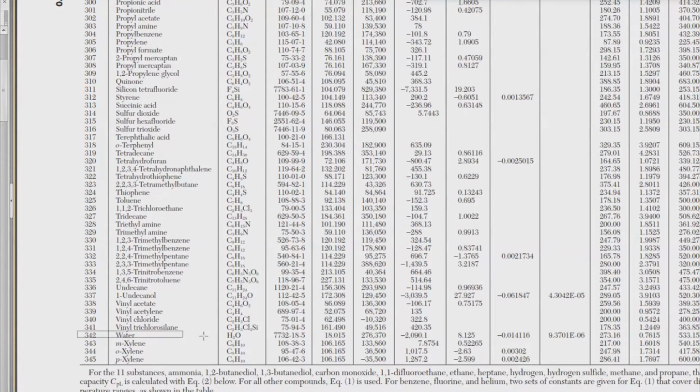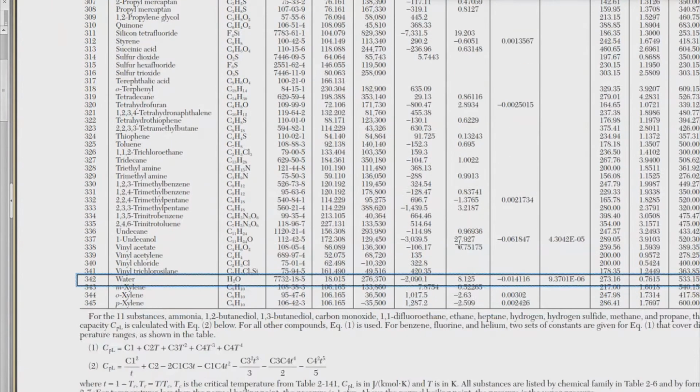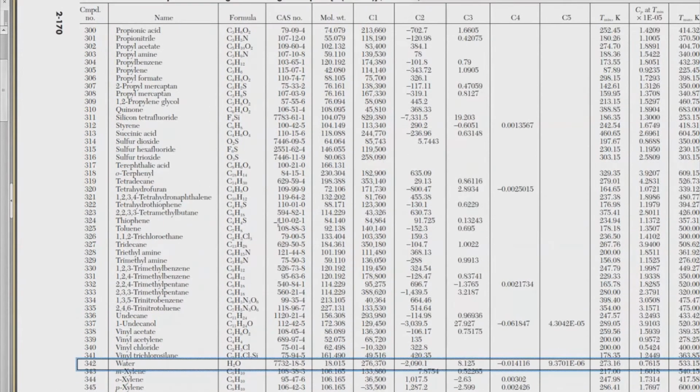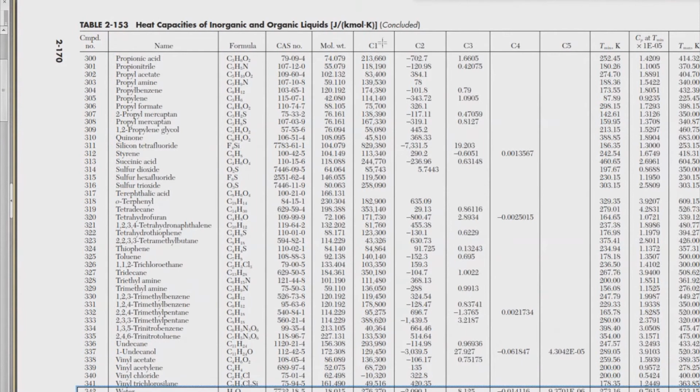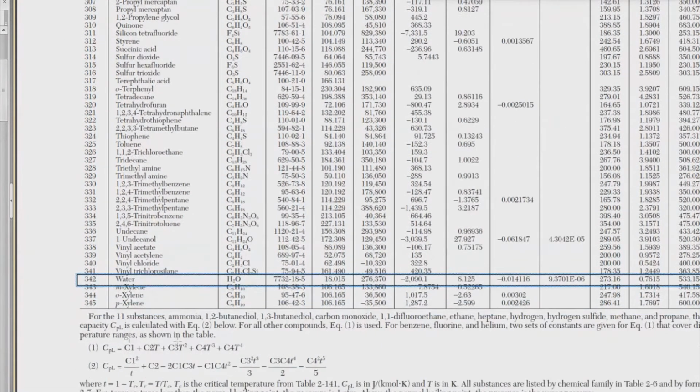So it says here that we have this kind of values right here. So it says here we have 7732. So yan yung mga values natin. Then yun yung CAS number ng ating water, and ang mahalaga dyan is itong C1 to C5. And then yung ating gagamitin na equation, which is this one. So itong number 1 yung ating gagamitin dito kasi based on our expression, based on this table, so yun daw yung ating gagamitin.